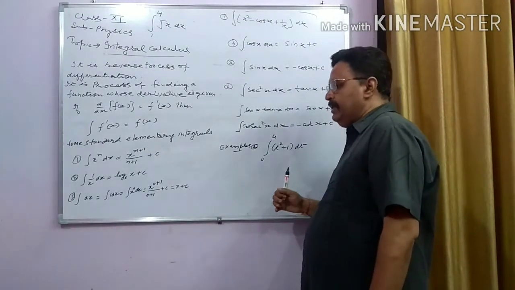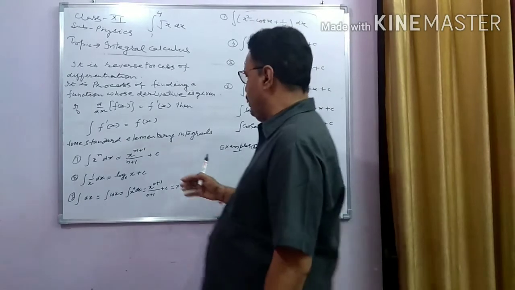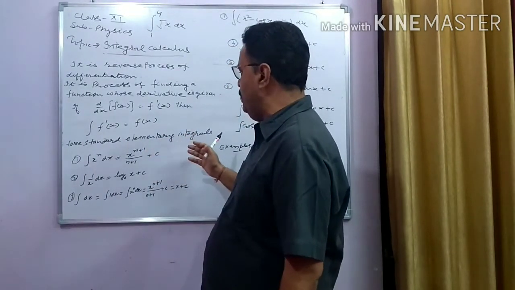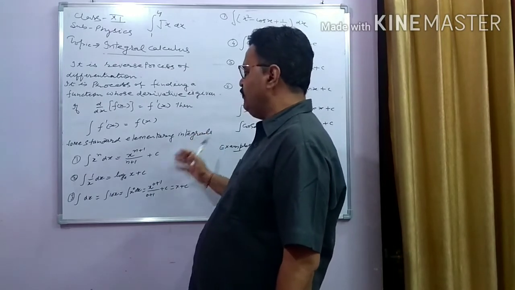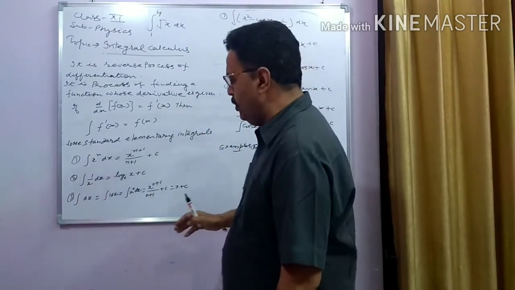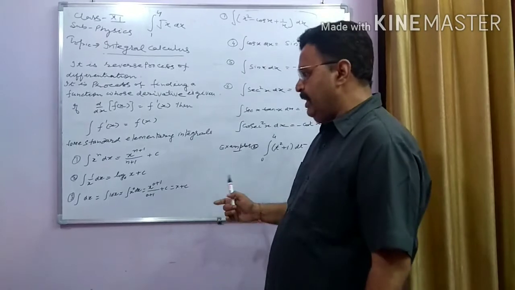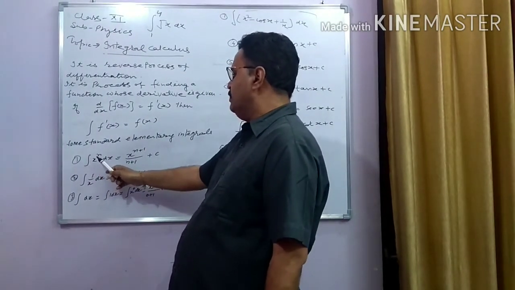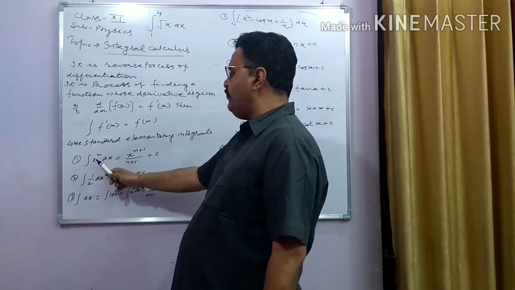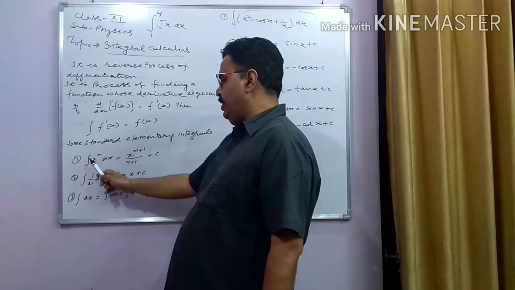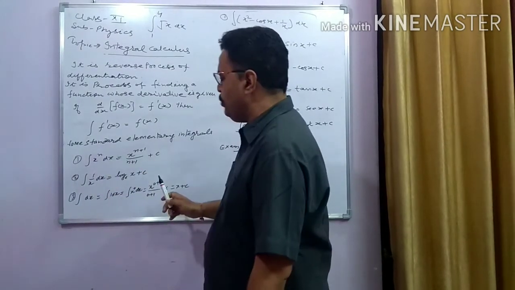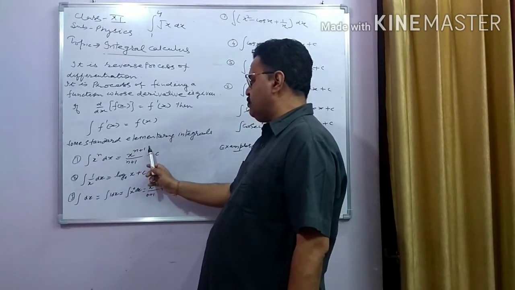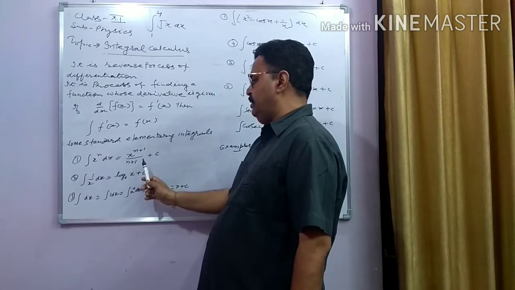Now we'll discuss some important results or some standard elementary integrals of the different functions or different variables. So here we can see that first one, integration of x raised to power n. Integration of x raised to power n can be taken as x raised to power n plus 1 upon n plus 1.